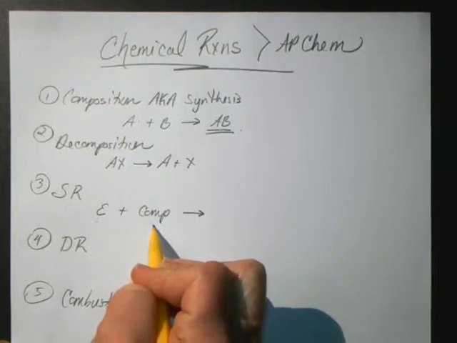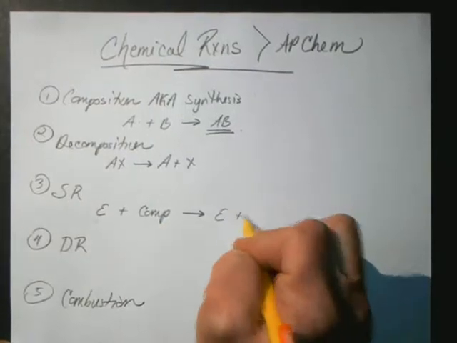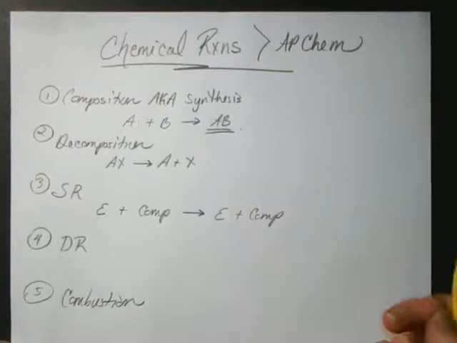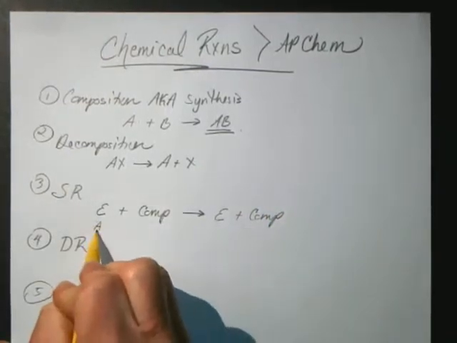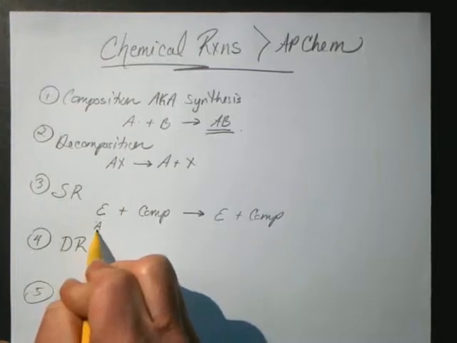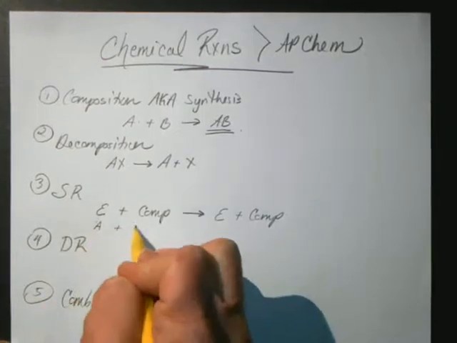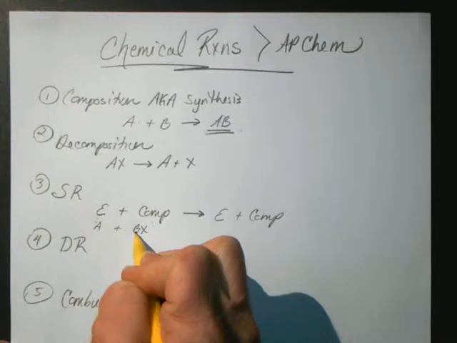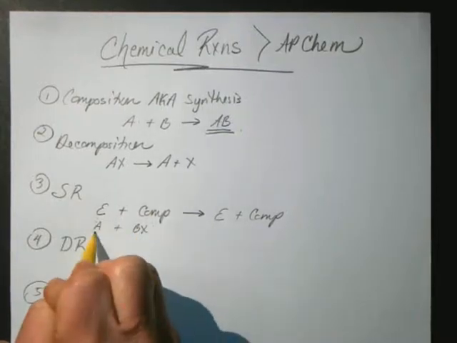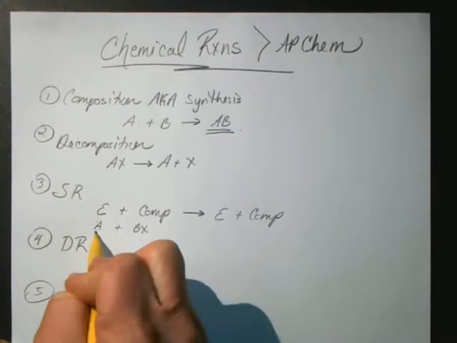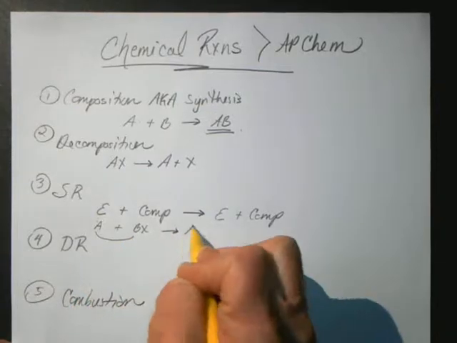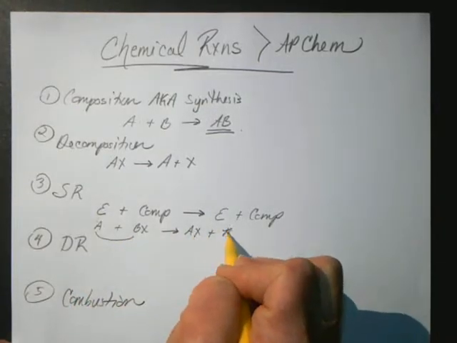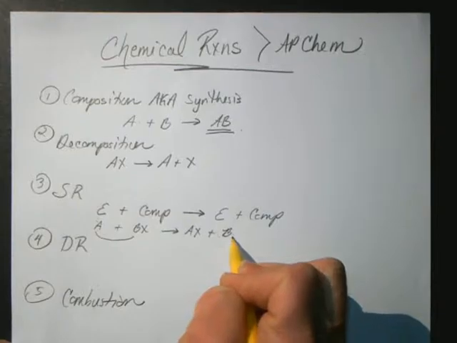And if it is more reactive and can do the replacing, then we will get an element and a compound back out. For example, if you are adding element A, and element A has the potential to become a cation, for example, a metal, then it will combine with compound BX, and if it is more reactive or higher in the activity series, it will replace element B. It will bond with X, and then B will be existing as a solo element.